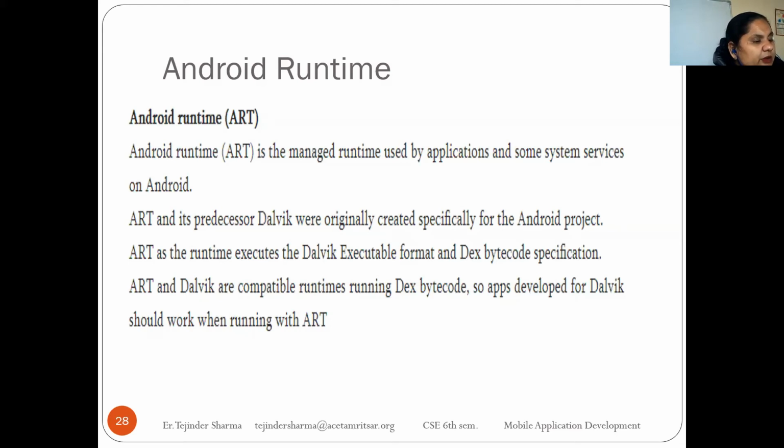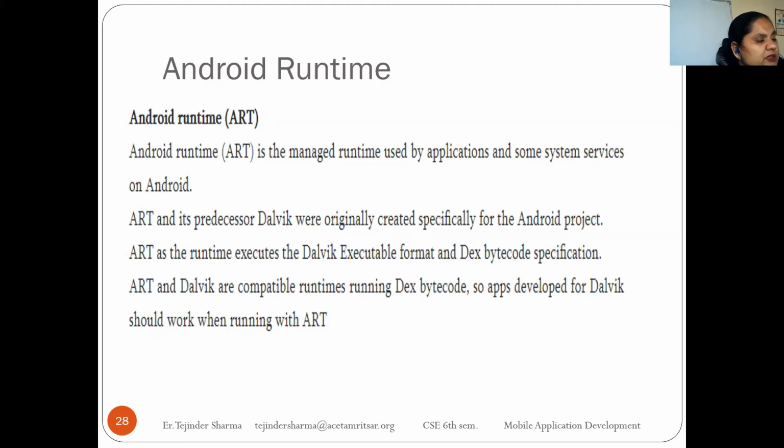So ART is Android runtime. It was the layer which you have seen in the Android architecture. It is used by applications and some services on Android. ART and its predecessor Dalvik were originally created specifically for the Android project. ART as the runtime executes the Dalvik executable format and DEX bytecode specification.